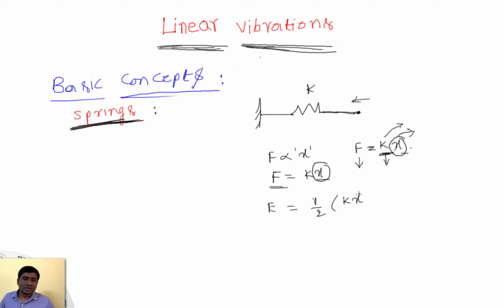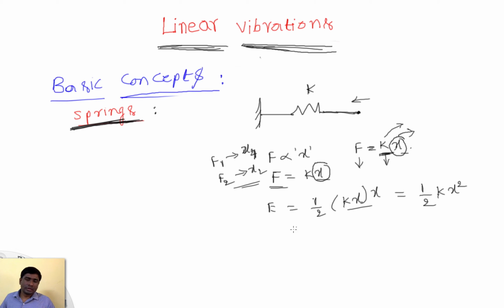Because at the initial position the force applied is 0, but if you take F1 at the initial position for a displacement of x1, and F2 force that causes the displacement x2, then in that case we need to average this also. So instead of 0, there we will get k1 x1 plus k2 x2, but here it's k into x. This is the average force into how much displacement it experiences, that is again x. So the strain energy absorbed by the spring equals half into k into x square.